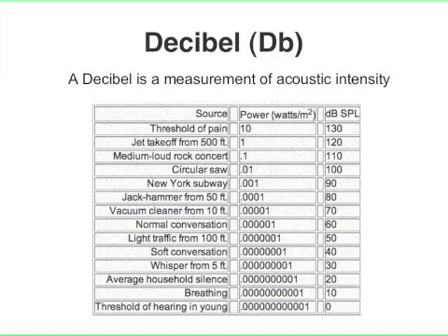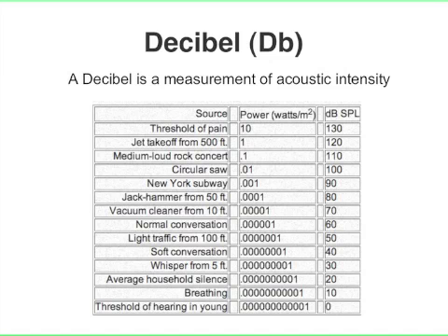You can see moving from soft conversation at 40 decibels to a New York subway, which is 90 decibels, to a medium loud rock concert, which I'm not really sure what that is, but that would be 110 decibels, only 20 decibels less than the threshold of pain.